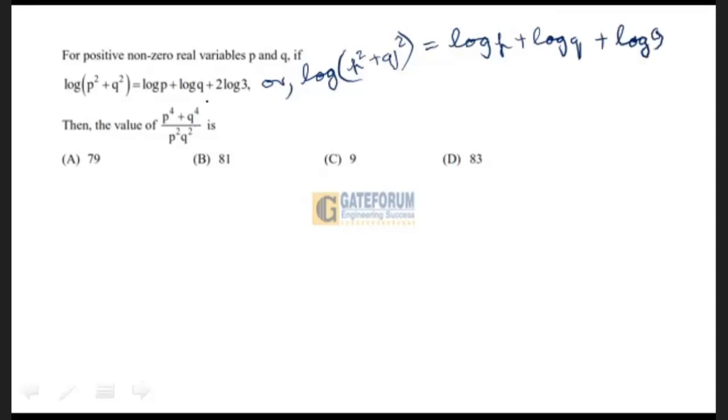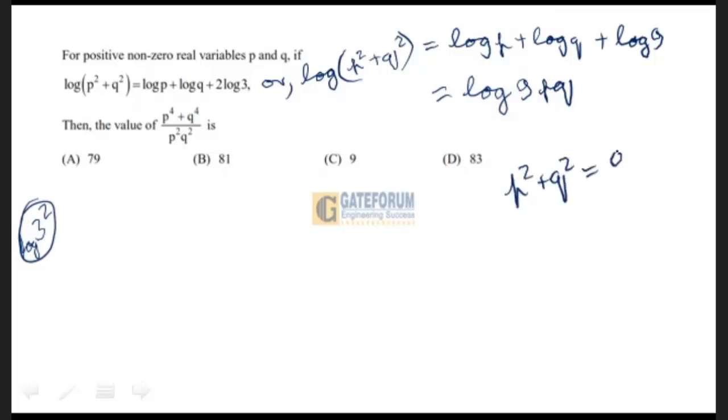Because this 2 will go above 3 and it will become log of 3 square, which is log of 9. So this equals log of 9PQ. Because the log of this is equal to log of 9PQ, therefore P square plus Q square is 9PQ.